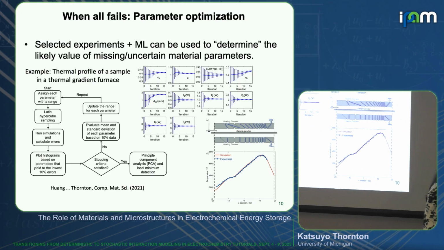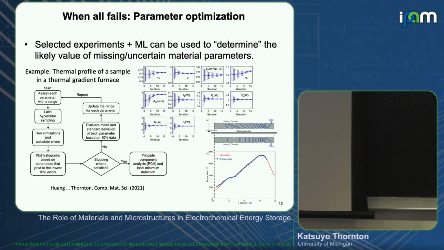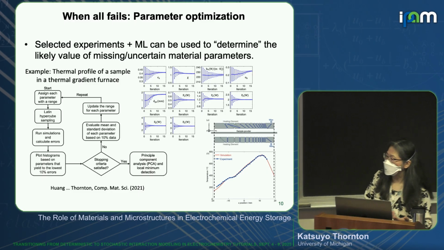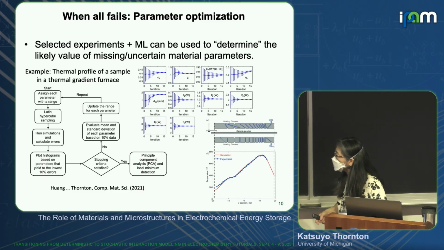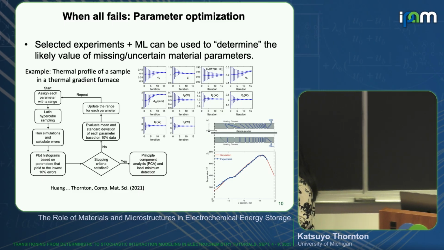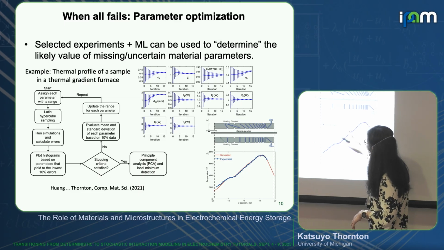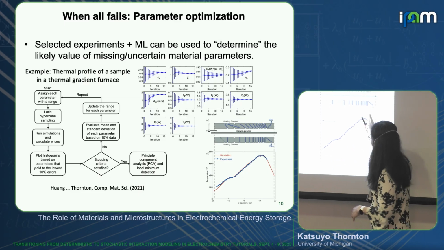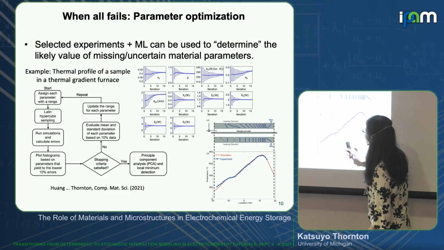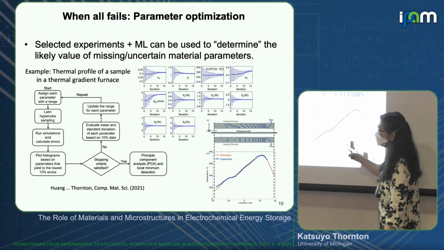So the parameter set converges quite quickly. And then at the end, we were able to get a really good fit, in the range that we really cared about, between the simulation result and the experimental data.